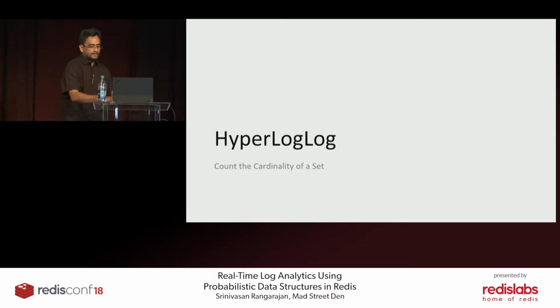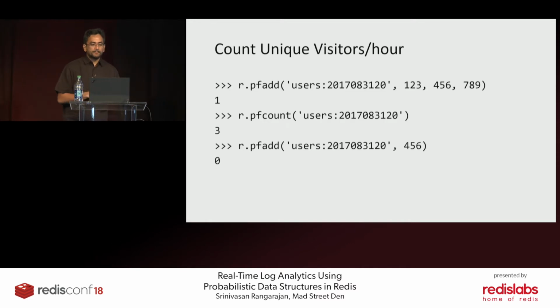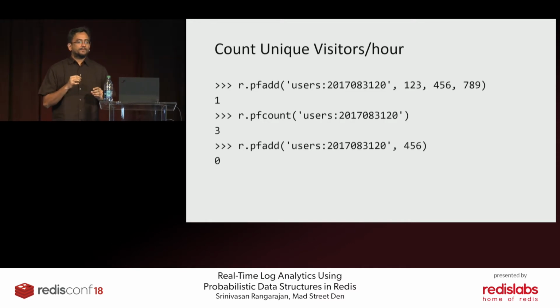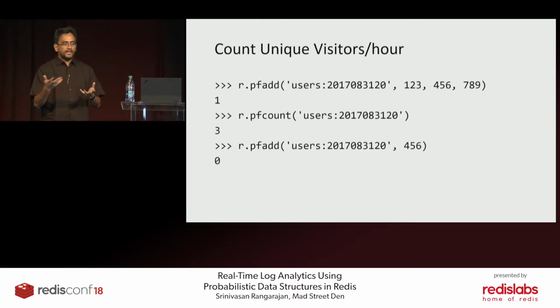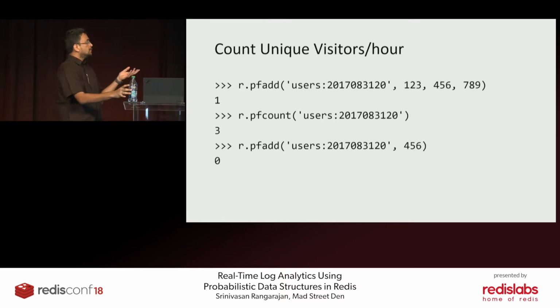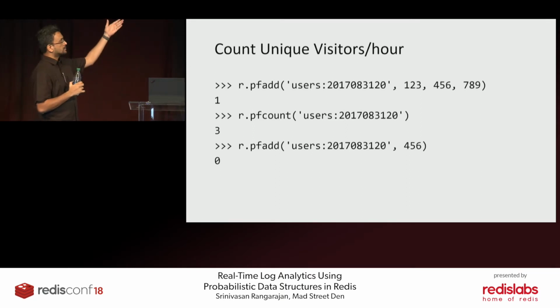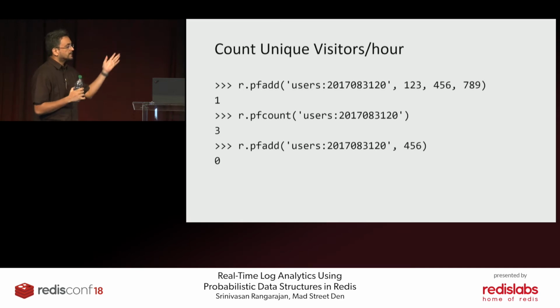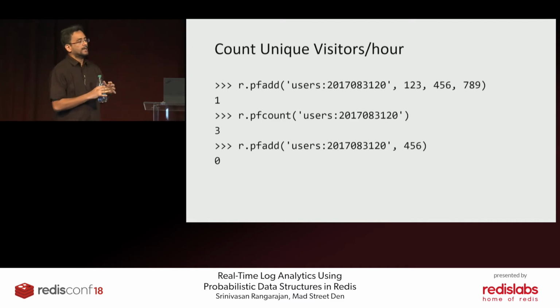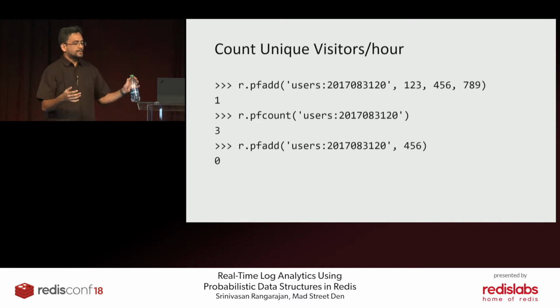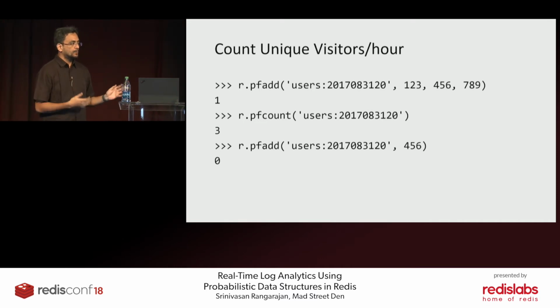So let's see some examples, right? I used Hyperloglog to count the unique visitors every hour. The way you use Hyperloglog is you use the pf add command, and the syntax is pretty simple. You always start with the key that you want to use as a Hyperloglog. In this case, it's user and datetime as a string, and the parameters you pass in are the user IDs you want to track.